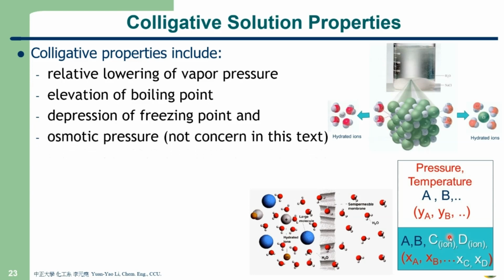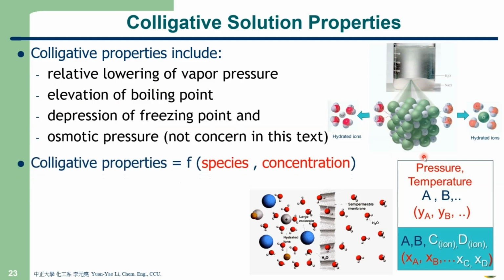The last one is called osmotic pressure. This is not covered in this text, so we don't discuss it. What we need to know is the top three. As I told you, the colligative property is a function of species and concentration.